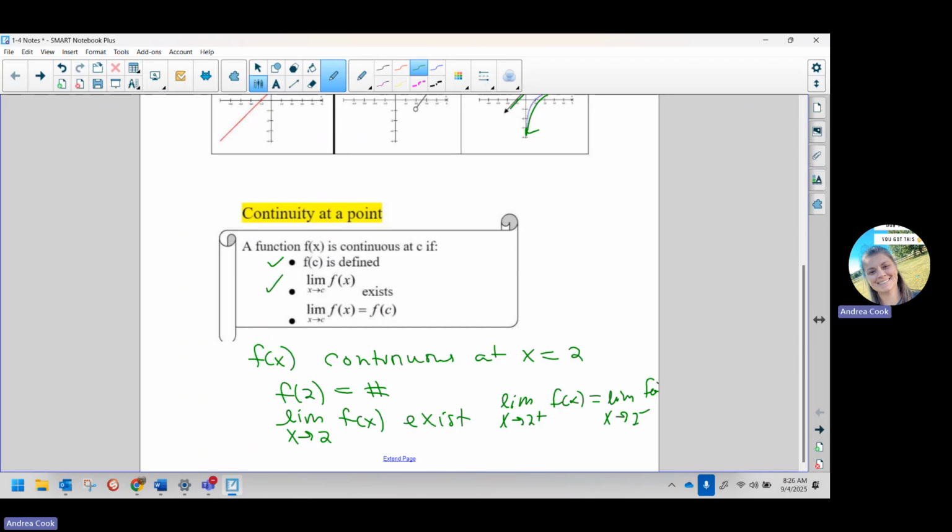And the last thing is that the answer you got here and the answer you got here have to be the same. So if f of 2 came out to be 3 and the limit exists and it was 3, then you've met that third bullet point. If f of 2 is 3 and the limit is 5, then it's not continuous. We're going to go through some examples.